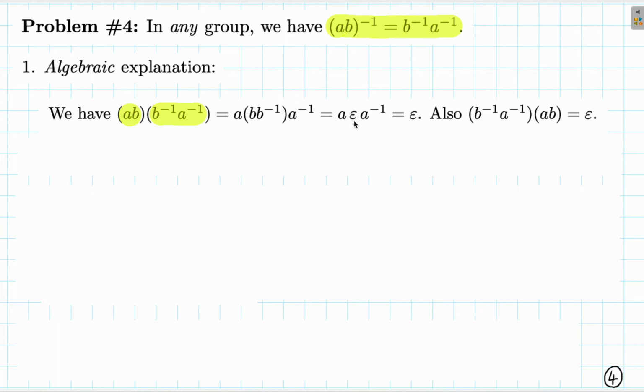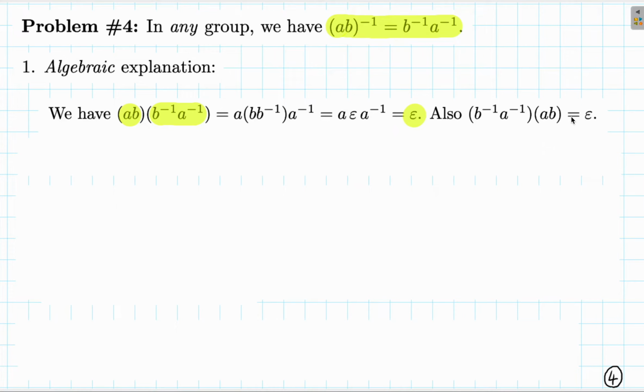Of course, epsilon is the do-nothing element, and so this is really just A times A inverse, and that also equals epsilon. And so we just saw that AB multiplied by B inverse A inverse is equal to epsilon. And I'll leave it up to you to verify that the other way around is also true. In other words, B inverse A inverse times AB is equal to epsilon.